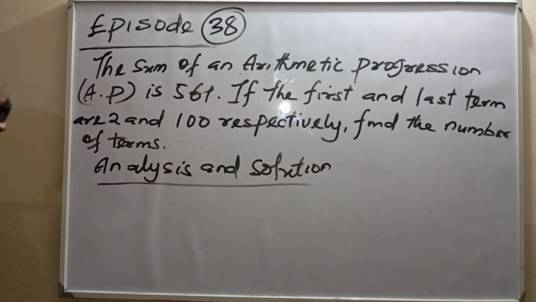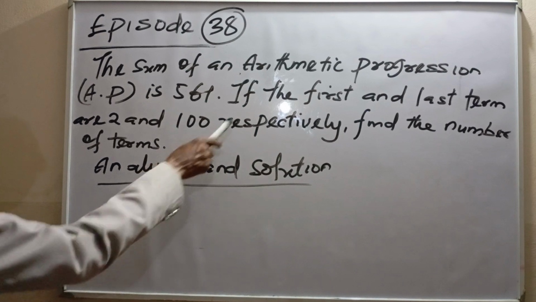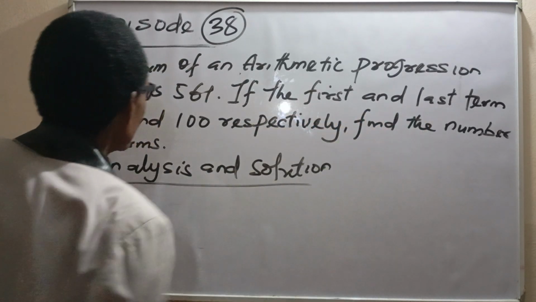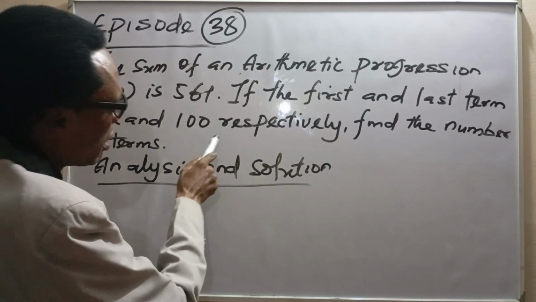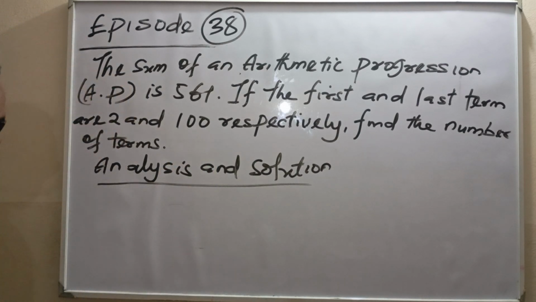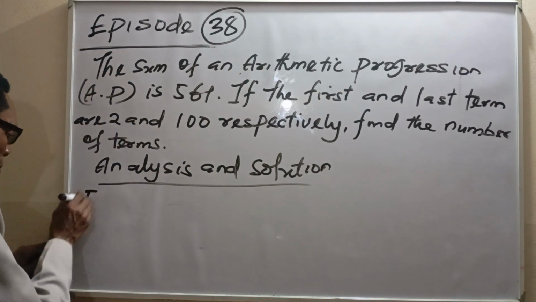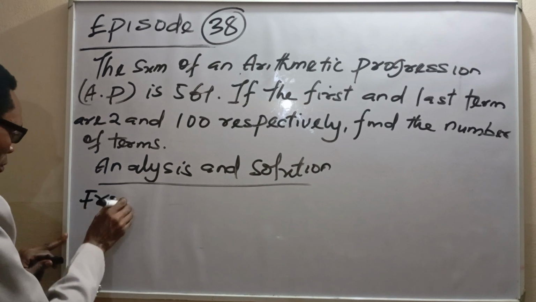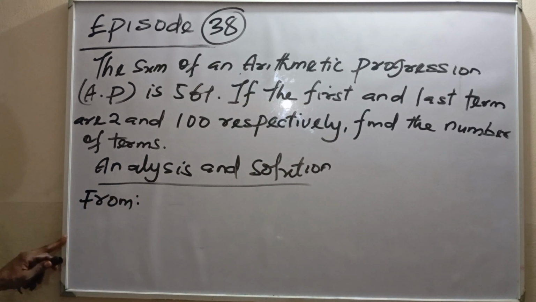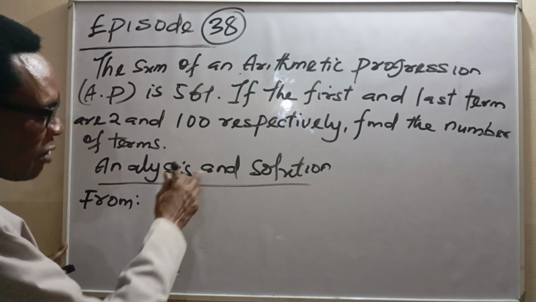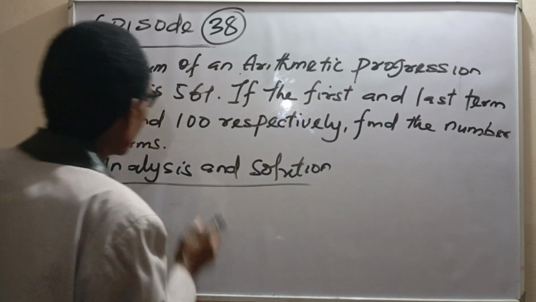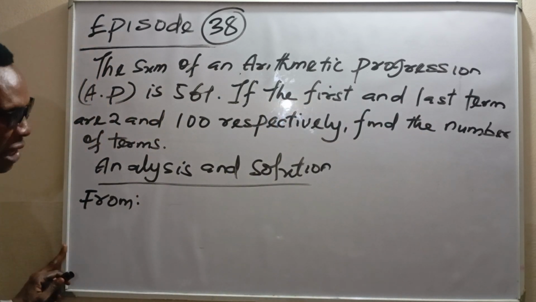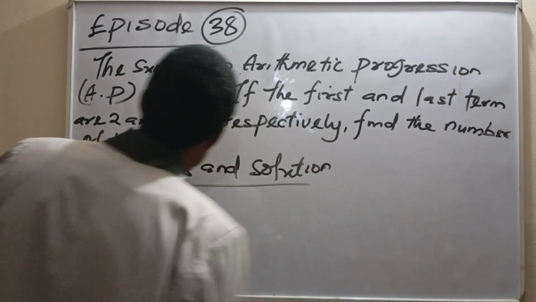With this question, we are given the first and the last term: the first is 2 and the last term is 100. So we use the formula for when the first and last terms are given. We are asked to calculate the number of terms.